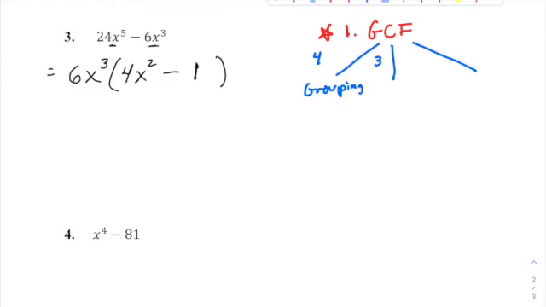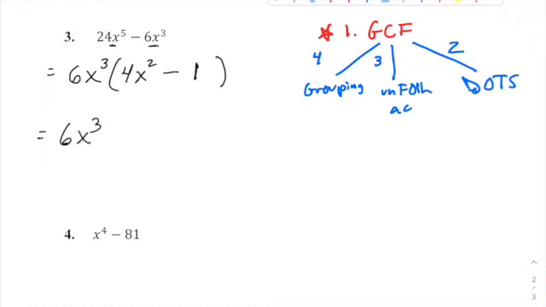If it's got 3 terms, that's where you've got your trinomial, your unfoiling or your AC method. And if it's got 2 terms, what you'll want to look for now is the dots pattern. So you've got all your methods here, but the very first thing you always look for is that greatest common factor.